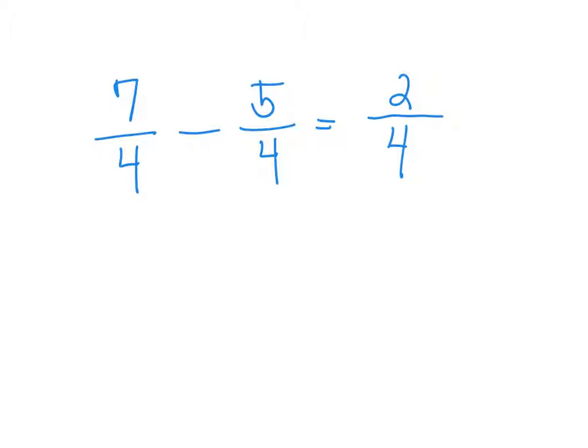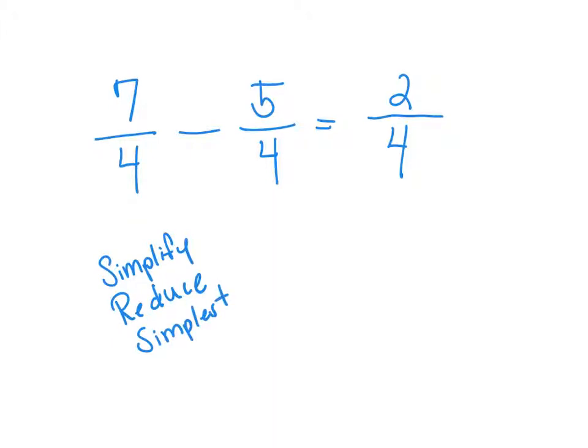Now, guys, I've said this to you before. There's words called simplify, reduce, simplest form. So we're going to have to make these fractions that we're making, once we have an answer, always check to see if it can be reduced.